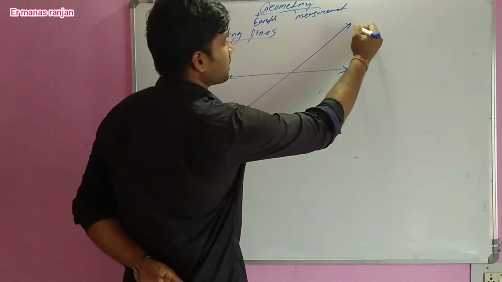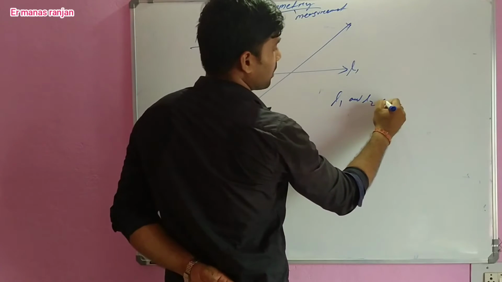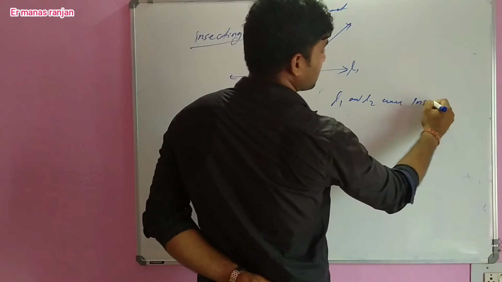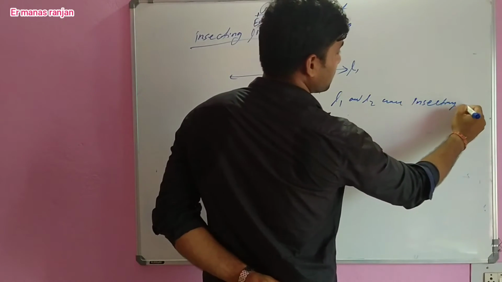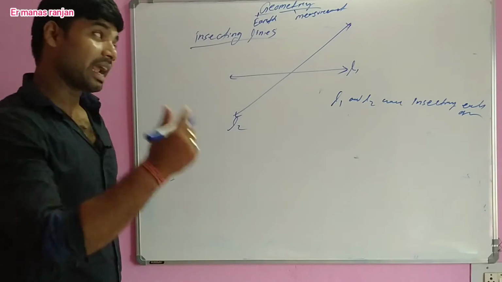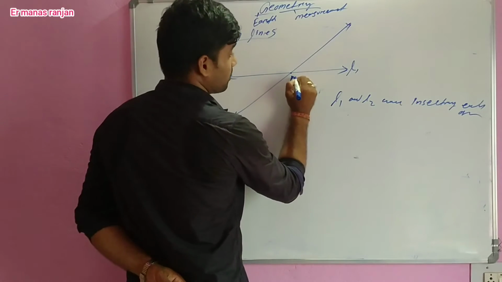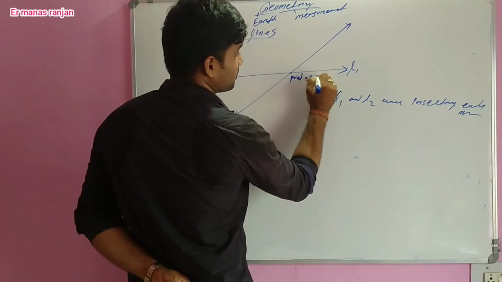L1 and L2 are intersecting each other. The point where the lines intersect is called the point of intersection.